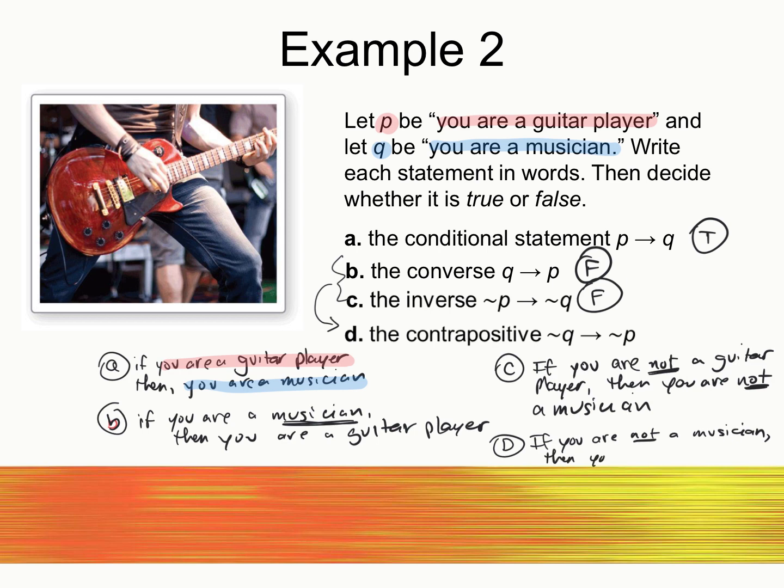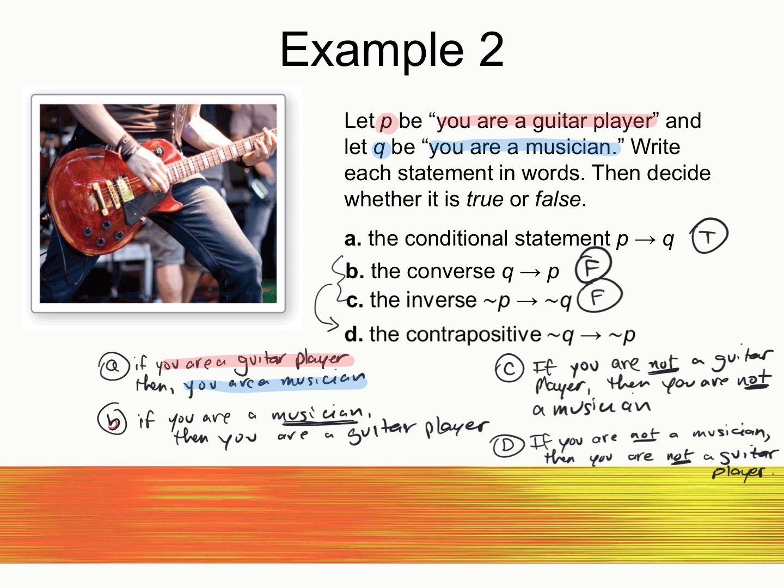Then you are not a guitar player. And so again, this is how we write it, right? The first thing I'm going to ask you to do is just write it, okay? Now we're going to analyze if that's true or false.